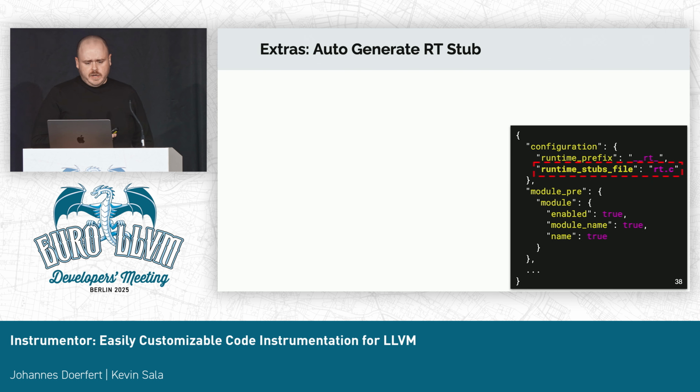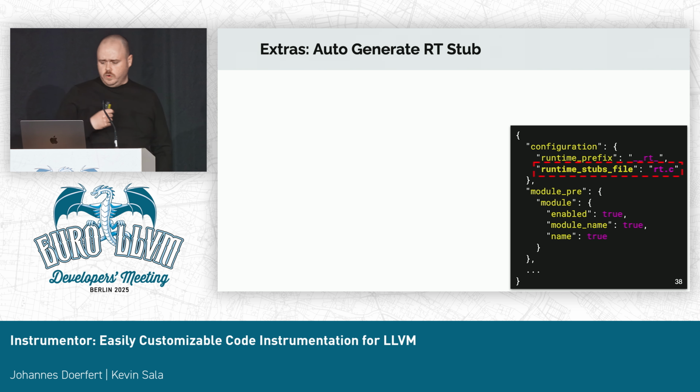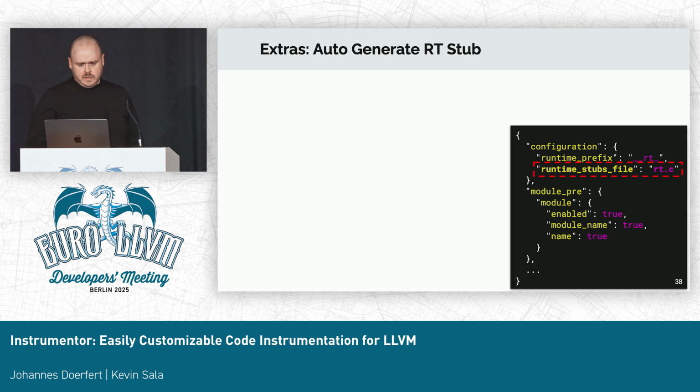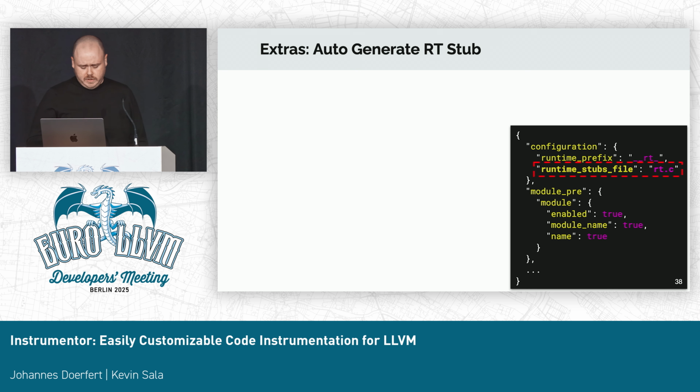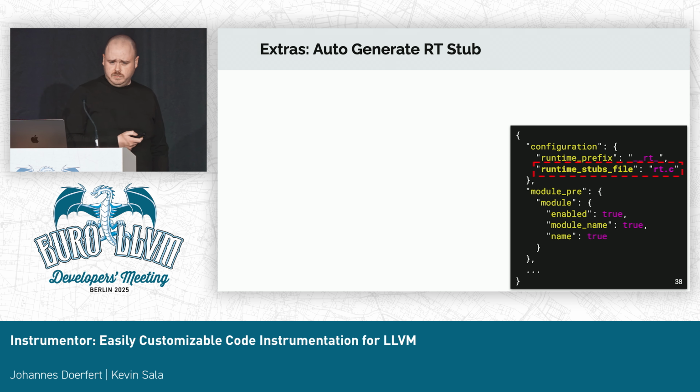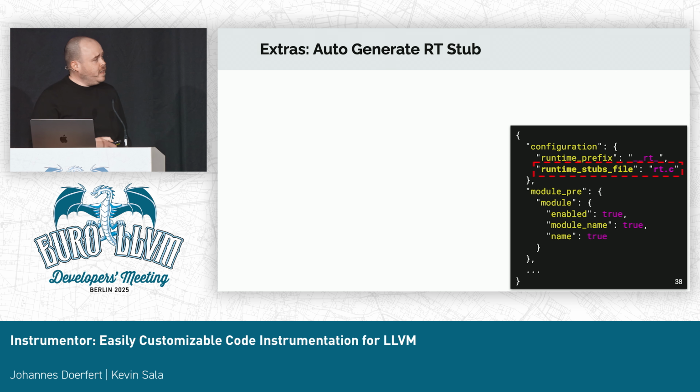Okay, another extra feature is that when you are doing your new instrumentation tool, you will start by defining the JSON file, saying what you want to instrument or what information you want to forward.